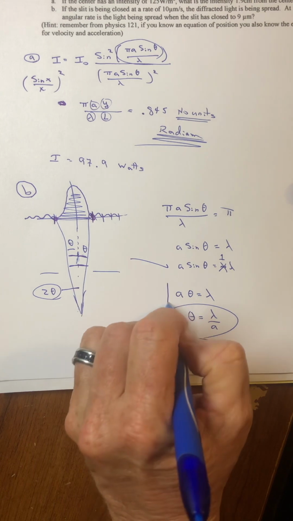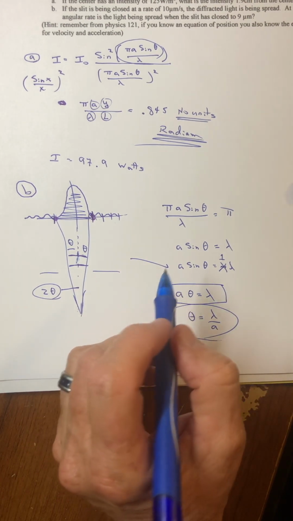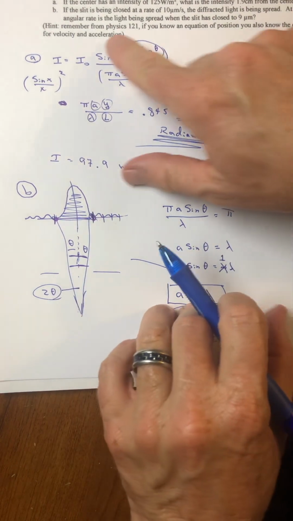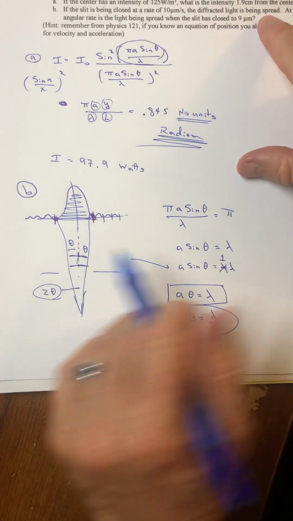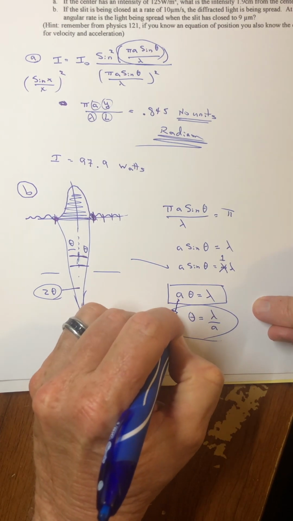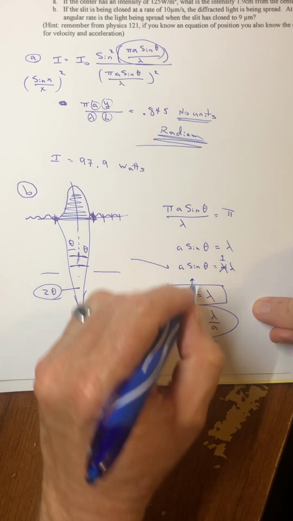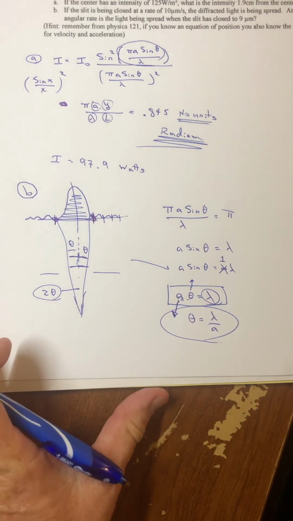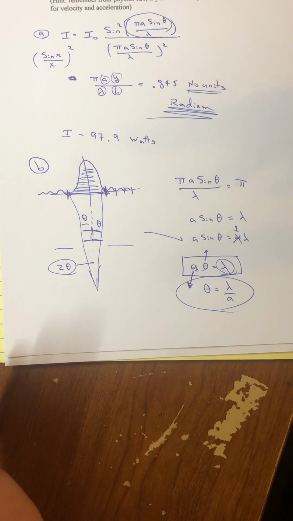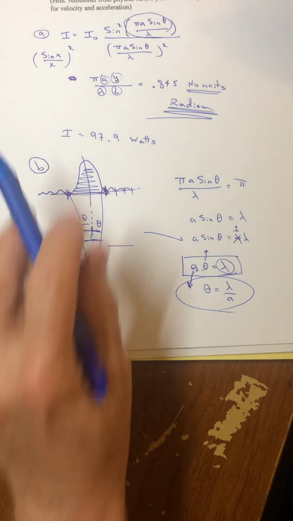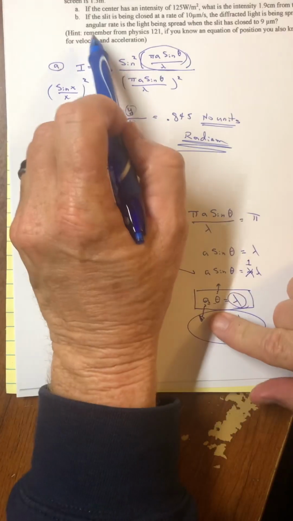I'm going to write it this way, though, because where this gets hard, and I got started on this when it said here it spreads out, you can see then if A were to get smaller, the angle theta has to get bigger, because the product of the two always has to be the wavelength. Now, that'd be a constant for a given beam of light coming through here. And so that's the mathematical answer to this phrase.